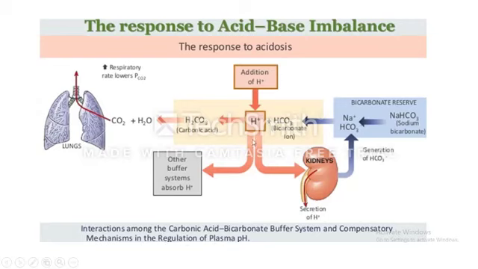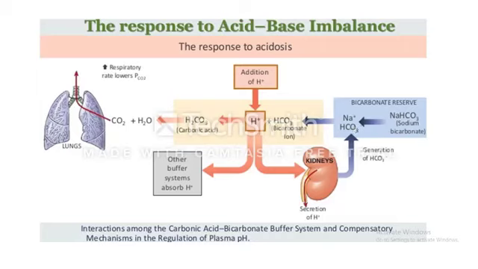This is the interaction between the carbonic acid and bicarbonate buffer system as a compensatory mechanism in the regulation of plasma pH. How it works: whenever there are acidic conditions, meaning we have more acid in our body, the kidney secretes acid through urine and generates bicarbonates, and these bicarbonates go to the blood to decrease the acidity.